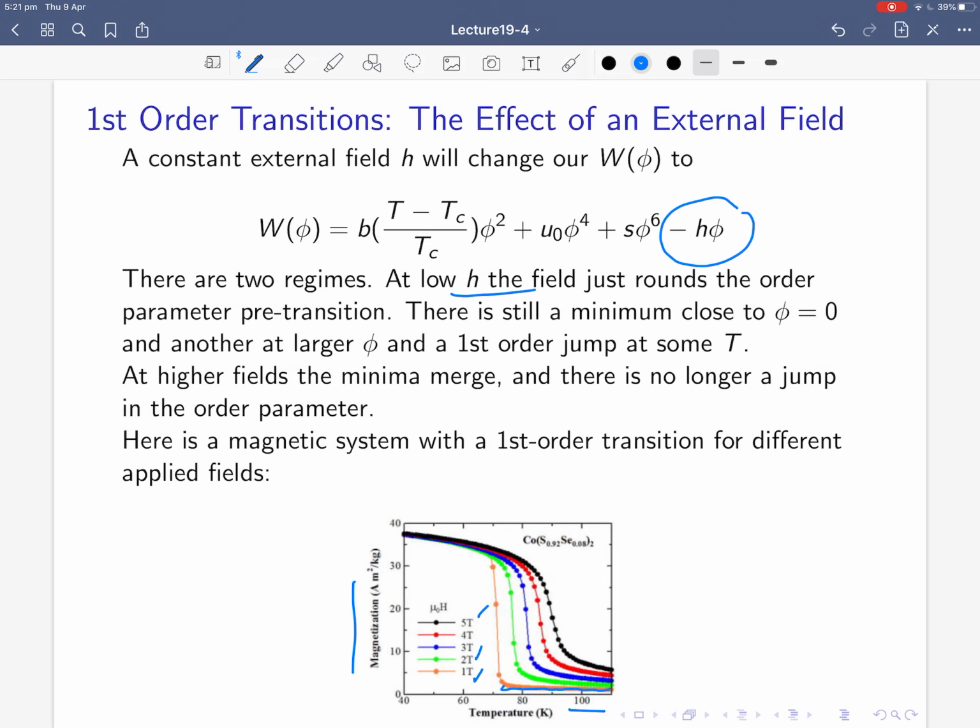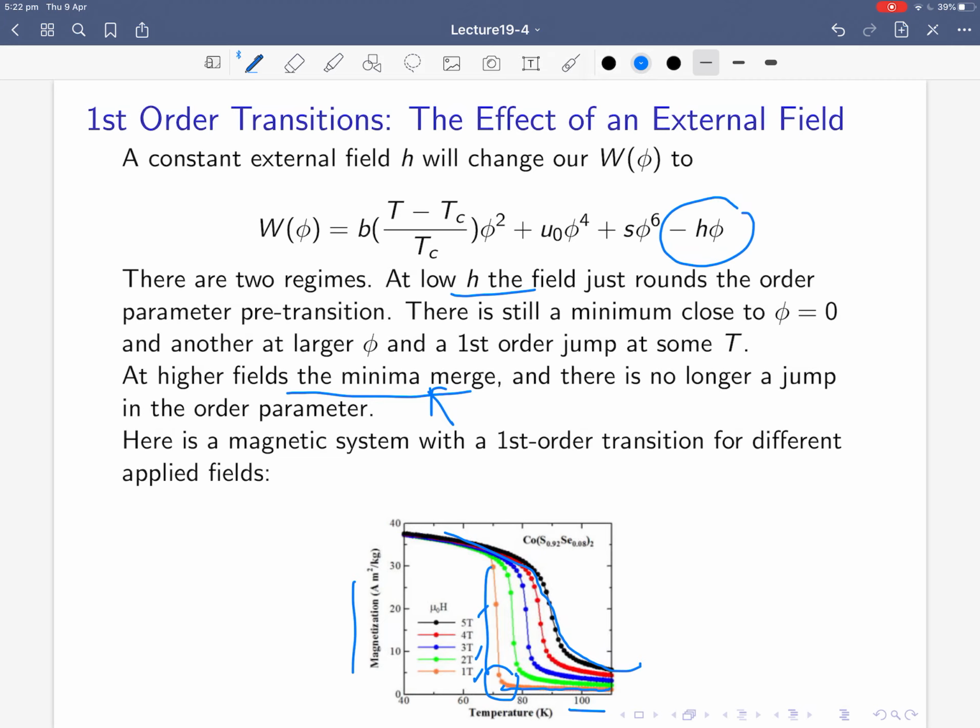If it's only 1 Tesla, the transition is rounded a bit, but it's still a very sharp transition. However, if we go to higher fields, there is no longer a sharp jump at all, and it's just gradual. We've got rid of this very sharp transition.